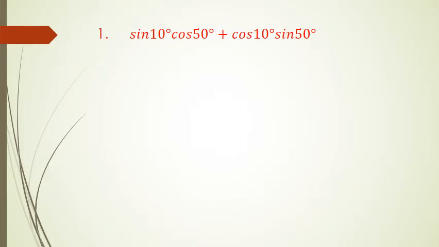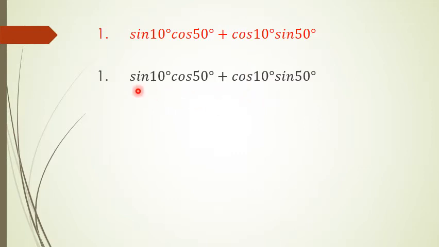Question number 1. Sine 10 degrees cos 50 degrees plus cos 10 degrees sine 50 degrees. Looking at the angles, we see that all of them are acute. So we proceed to check the order in which sine and cosine come. That's sine, cos, cos, sine.